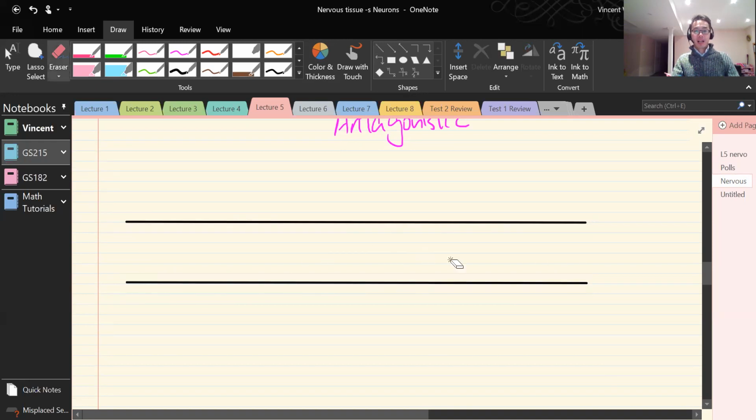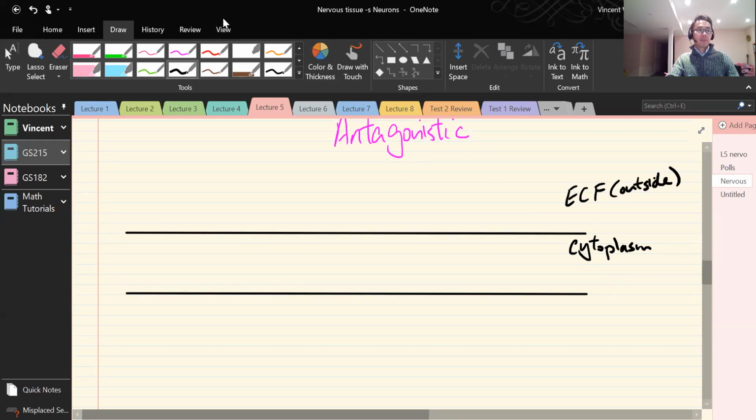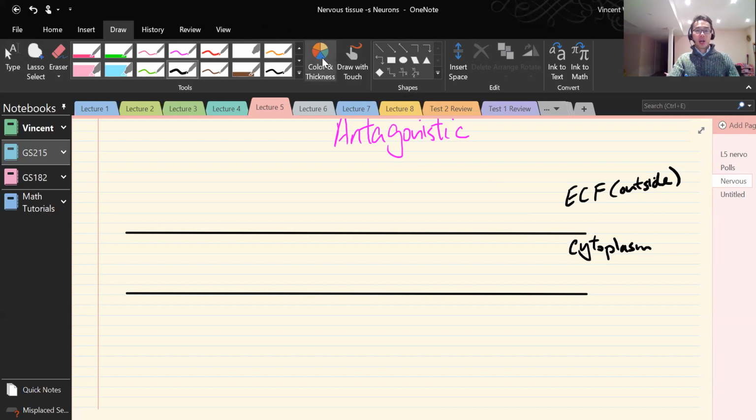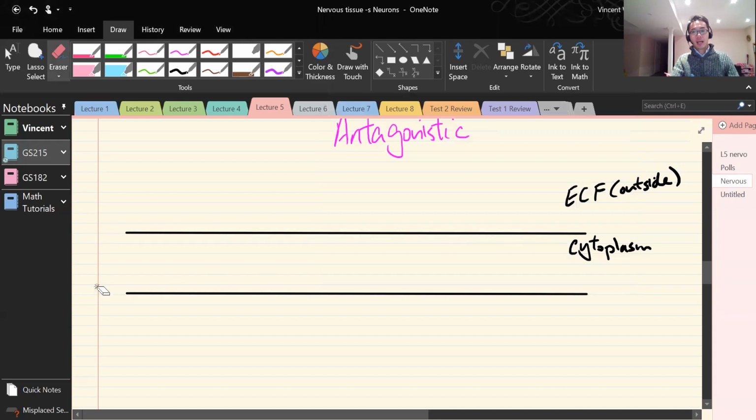So this is the axon, and this would be the cytoplasm. And then this would be the outside, the extracellular fluid. The first thing you have to understand here is that along the axon, there are going to be a lot of membrane proteins.